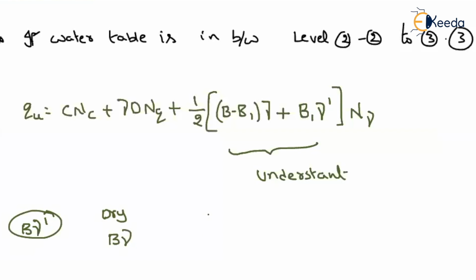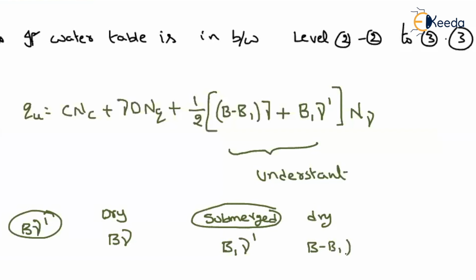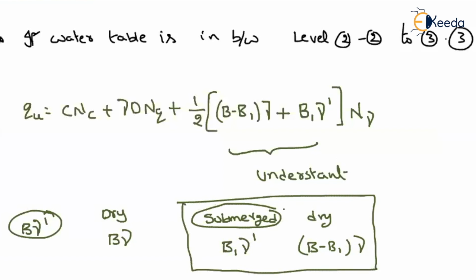But in some cases, some part may be submerged and some part dry. Wherever it is submerged, we use the submerged unit weight, B1 into gamma dash. For the dry state, B minus B1, up to that we use gamma. So the logic is simple. Wherever you have the water table, take the submerged unit weight. Wherever there is a dry state, consider the dry unit weight. That's it. If you memorize the formula, there might be a chance that you will commit a mistake.